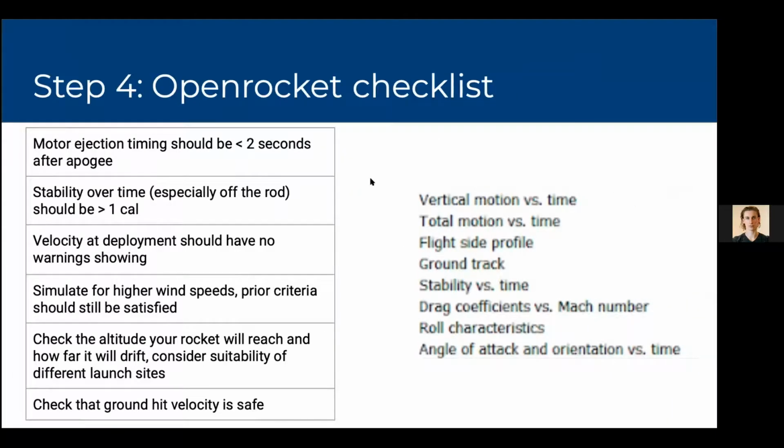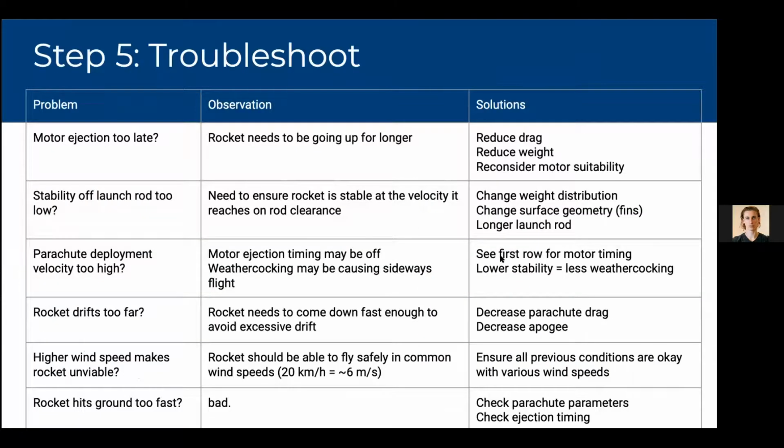And then of course we have to check that the speed at which our rocket hits the ground is safe. If you're going too fast when you hit the ground, that's generally not a good thing. If we can just show people where to find that on OpenRocket, Hasan.